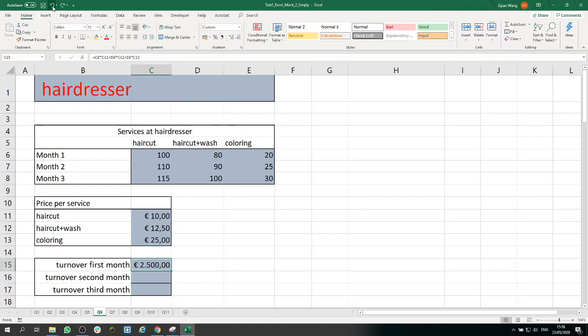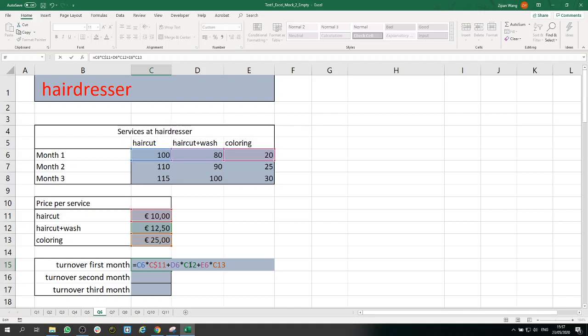So we go back. How do you solve this? I think by now you should know dollar signs. So C6 should be flexible because we are moving to the coming months, and so does D6 and E6, but C11, C12 and C3 should stay there. Since we are moving vertically, then we need to lock the row.